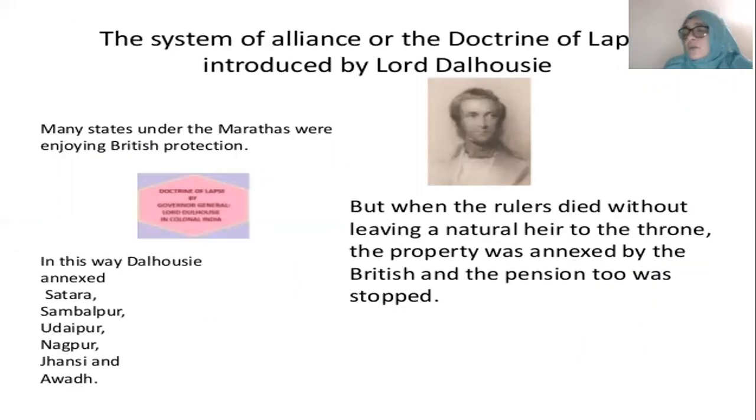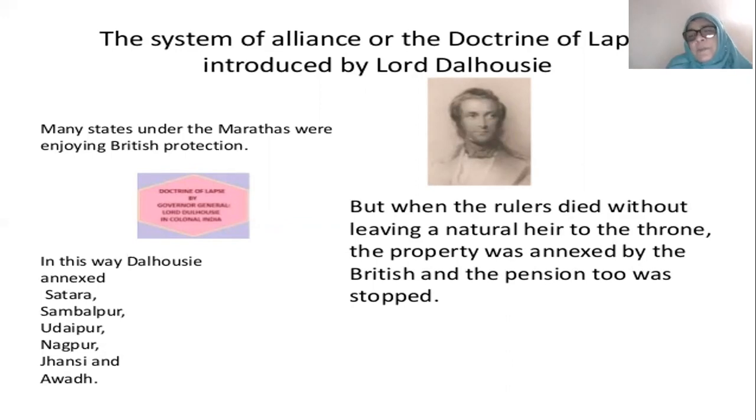Now, Lord Dalhousie introduced a system in 1852 in which he said that if you do not have a natural heir, your land will be annexed by the Britishers, by the government. This is another policy through which the Britishers were expanding their control. In this way, Dalhousie annexed Satara, Sambalpur, Udaipur, Nagpur, Jhansi, and all.